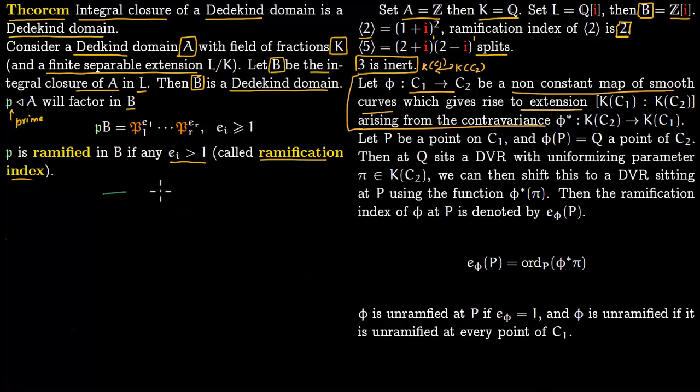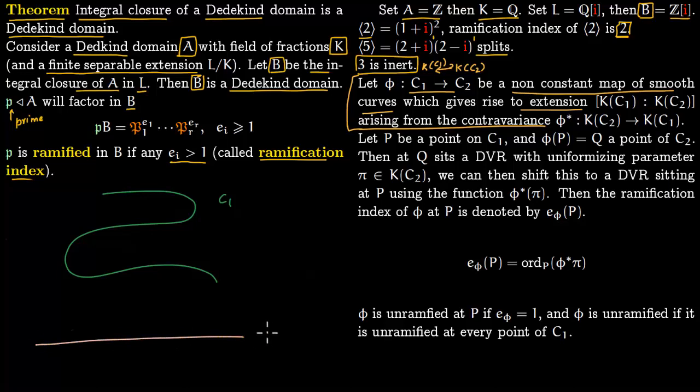So let us draw. Say this is our curve C1, and this is our curve C2, and you have this map phi. What is happening is you have some point P here which gets mapped to point Q here.